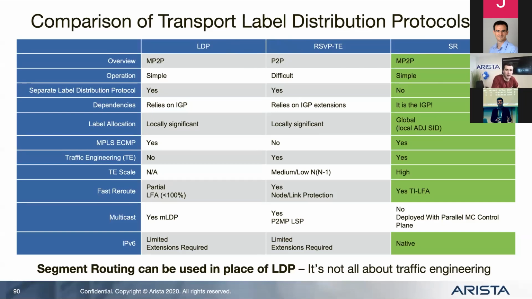And the last point I'm going to make is this fact that segment routing doesn't have to be used for traffic engineering. Segment routing can be used in place of LDP. So you can use it for your regular label distribution and actually have that in place of an additional protocol and leverage the existing IGP.